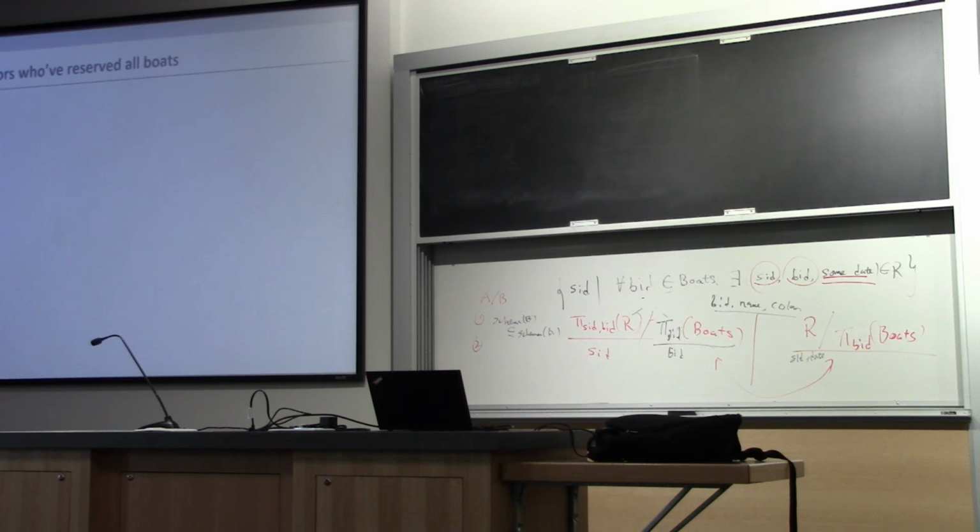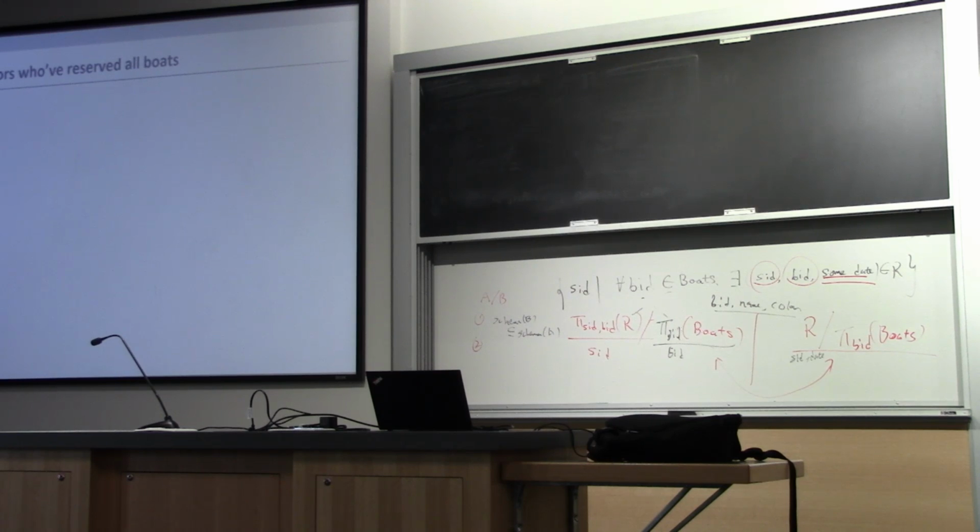What do you get in the end? Do you find sailors who reserve all the boats, or what? You got duplicates on the dates? No, you don't get duplicates. You get duplicates on the dates, yes, but that's by different sailors. You're getting all the boats that are reserved. Say again. You're getting all the boats that are reserved.